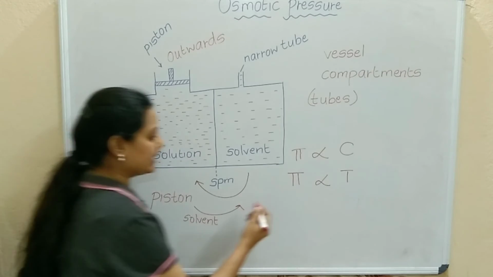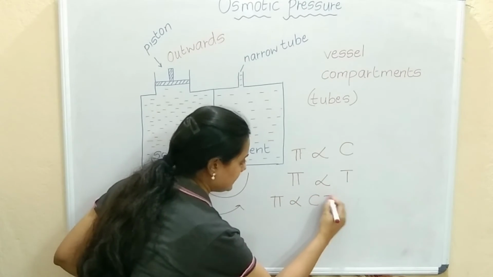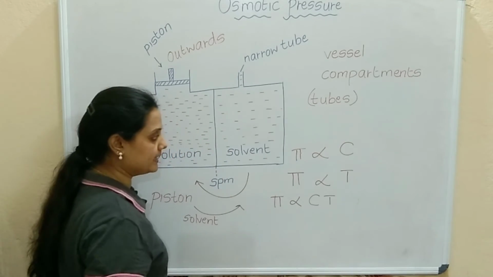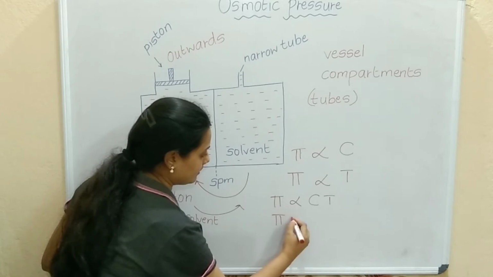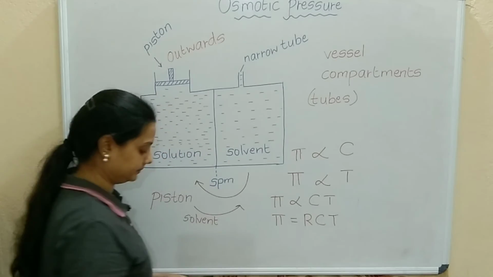Now, we will write it together. So, pi is directly proportional to C and T. To remove the proportionality sign, I will write it as pi is equal to R C T.